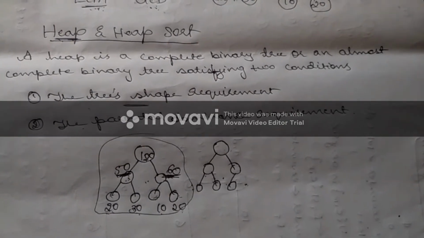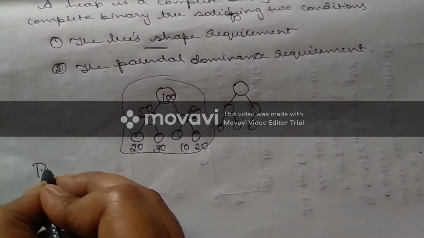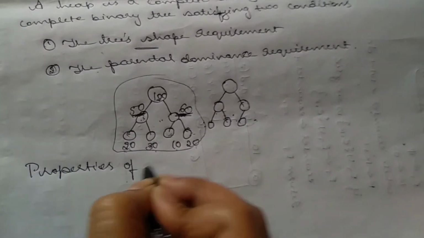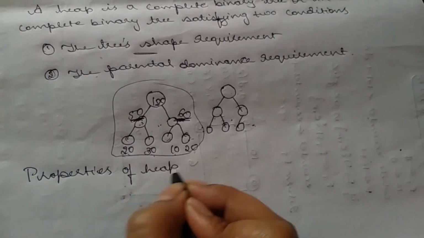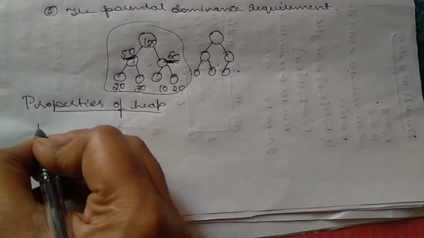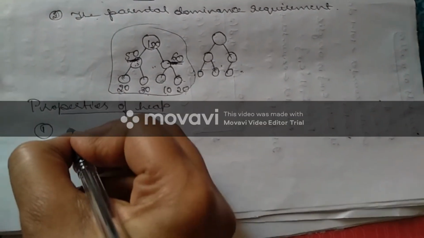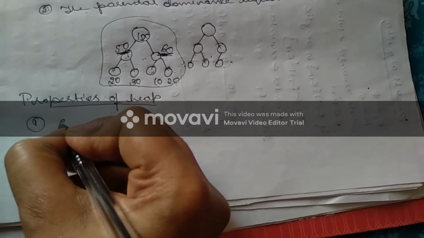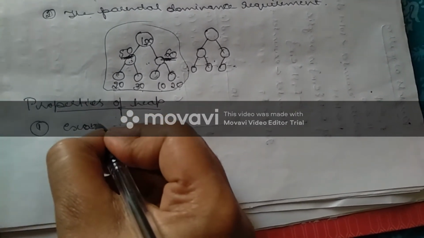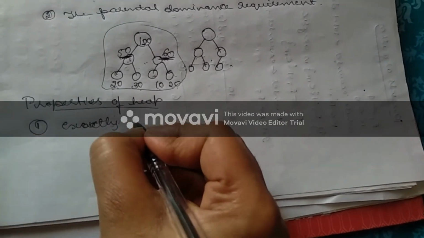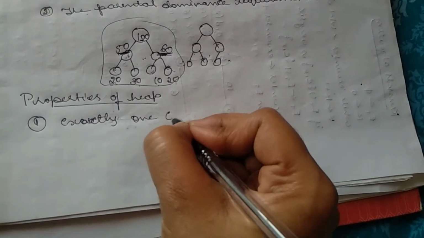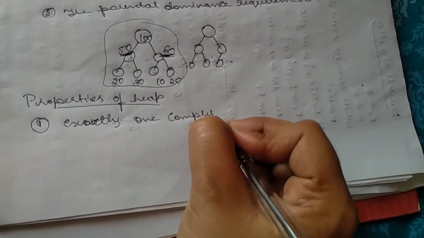Okay, now let us see the properties of heap tree. What are the properties of heap? First one, there exists exactly one complete or partially complete binary tree.